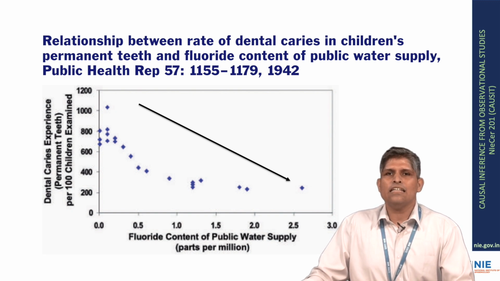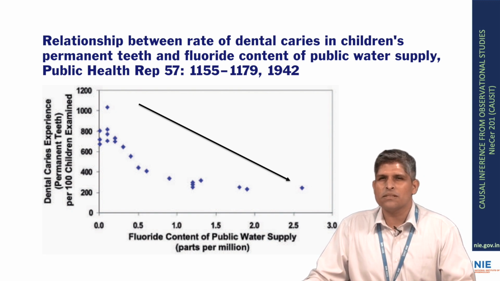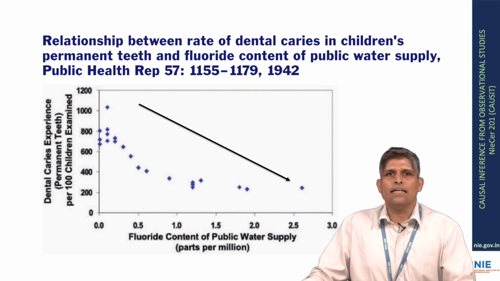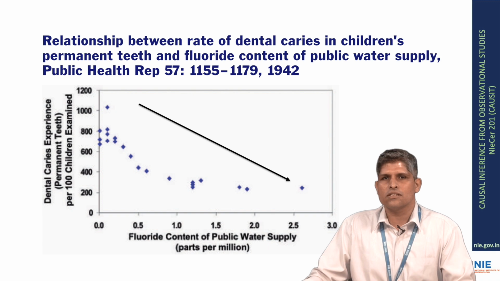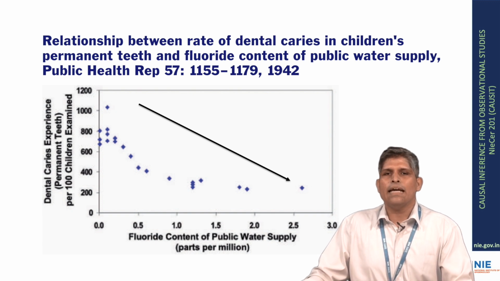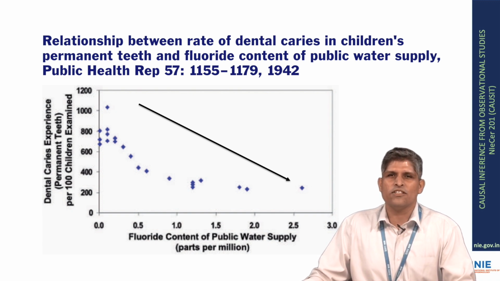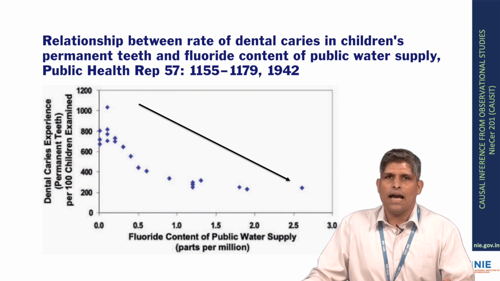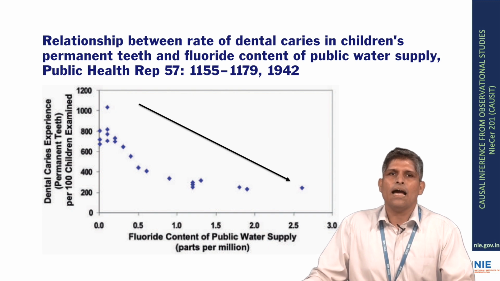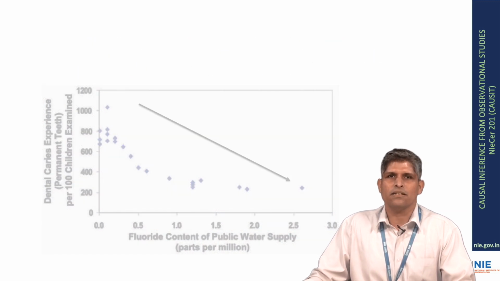That is, as the fluoride content of public water supply increases, the dental caries experience per 100 children examined reduces. In other words, areas with high fluoride content of public water supply have lower dental caries, and areas with lower fluoride content of public water supply have higher dental caries experience.